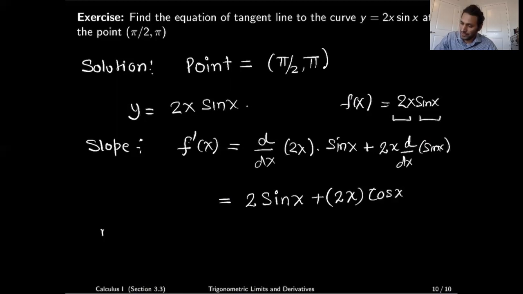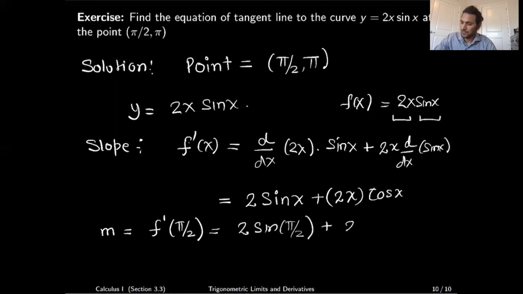Now the slope will be the value of the derivative evaluated at pi by 2. When you plug the x value of the point into the derivative, that gives you the slope of the tangent line. So if I plug in, this is going to be 2 sine pi by 2 plus 2 times pi by 2 times cosine of pi by 2.